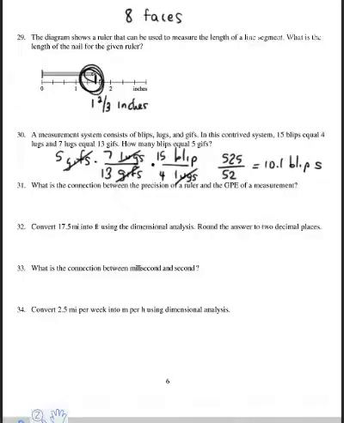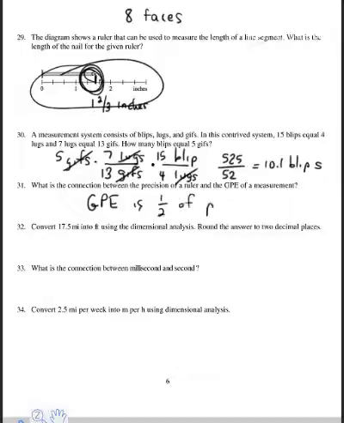So for example, the precision on that measurement tool here is 1/3. Half of that would be 1/6. So anyway, that's the connection between the precision of a ruler and the GPE. GPE is half of the precision.